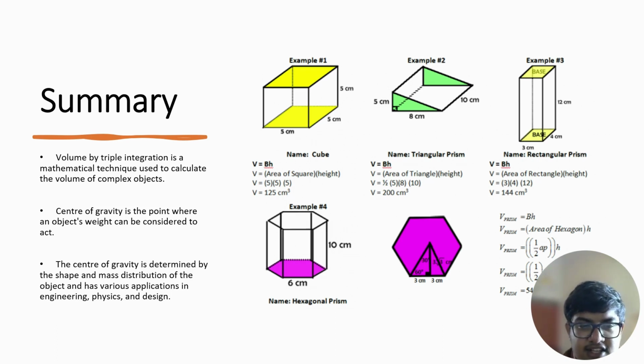And for the other topic, center of gravity is the point where an object's weight can be considered to act. The center of gravity is determined by the shape and mass distribution of the object and has various applications in engineering, physics and design. So this summarizes the whole topic that we spoke about.